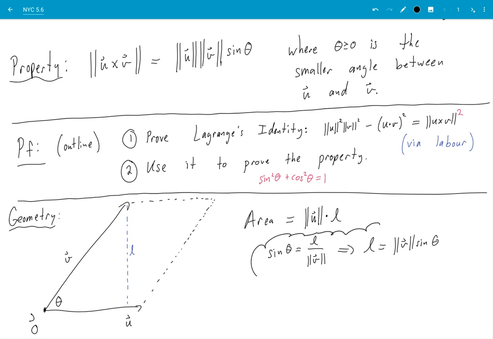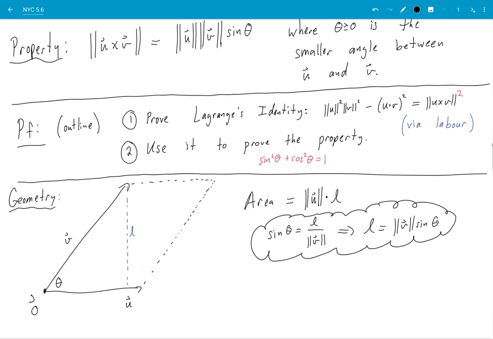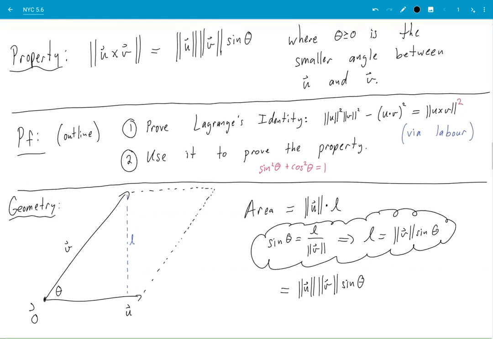Put this in a thought cloud. So my area is U V sine theta, which by the property is the length of U cross V.